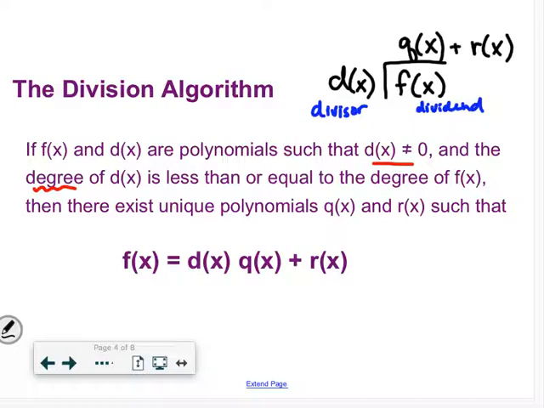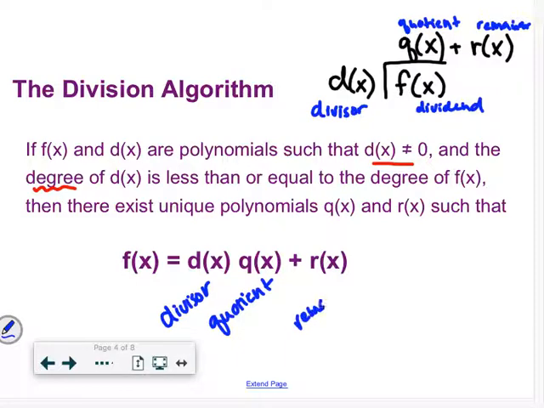I'm going to put a plus sign in between those. This is my quotient, and this is my remainder. So these polynomials satisfy this equation. This equation is just saying, if you take your divisor and multiply it by your quotient, and then add your remainder, you get the thing you divided.